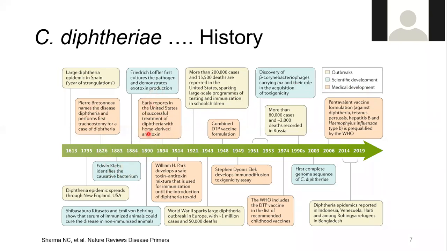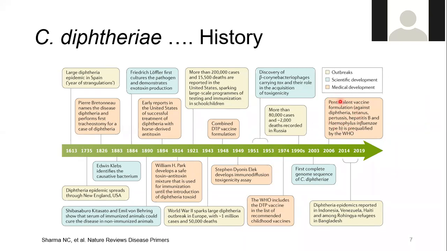Successful treatment with an antitoxin was in 1894. Immunization, 1914. Formulation of the DTP, what is currently used, the diphtheria, tetanus, pertussis vaccine, was in 1948. Then assays were developed in 1949. WHO included DTP in the recommended childhood vaccines in 1974.